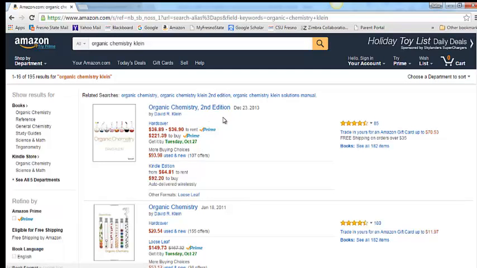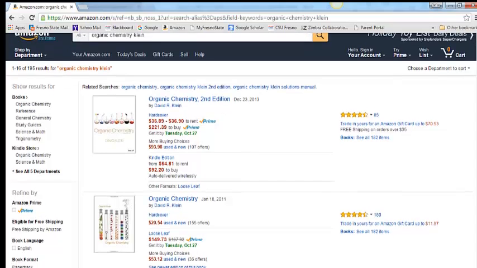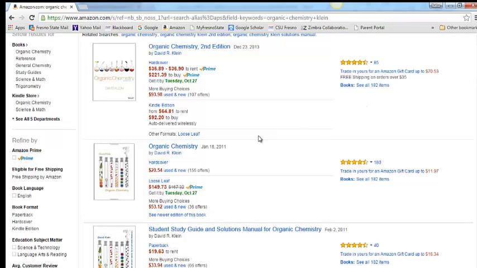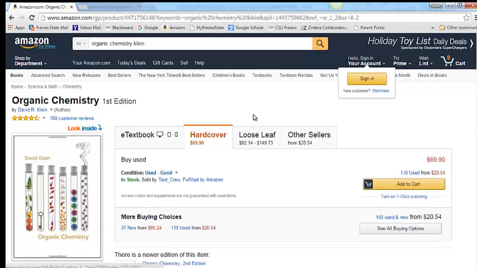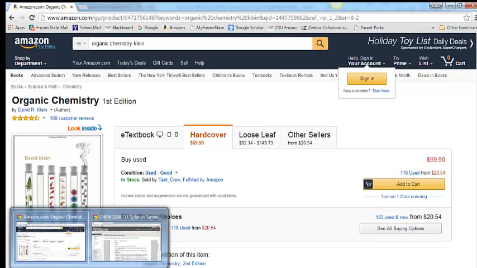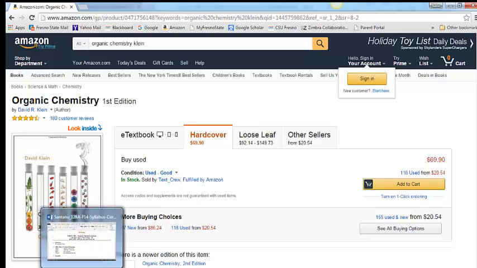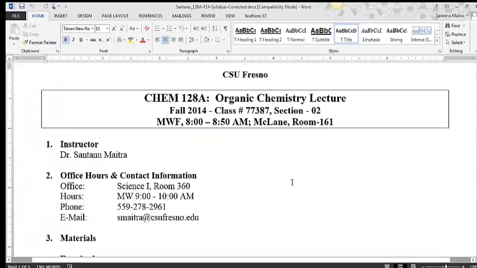The second edition, which is the current edition, is available for $221 to buy brand new, or the book can also be rented. You can also buy the older edition, which is significantly cheaper. The difference between the two editions is very minimal, and we can talk about the details of this particular feature later on in another lecture, not in this video.